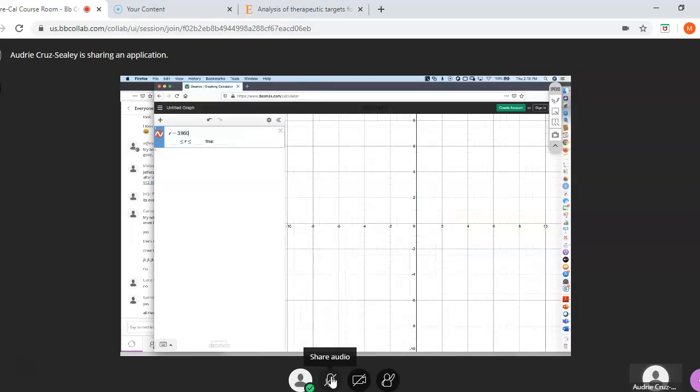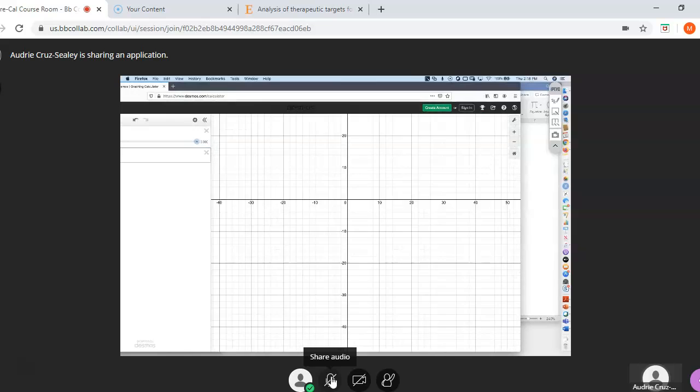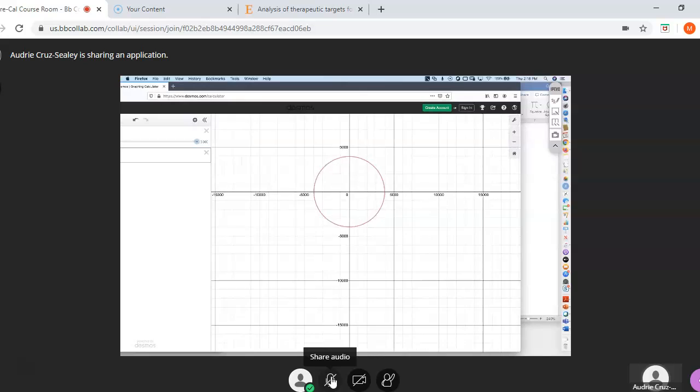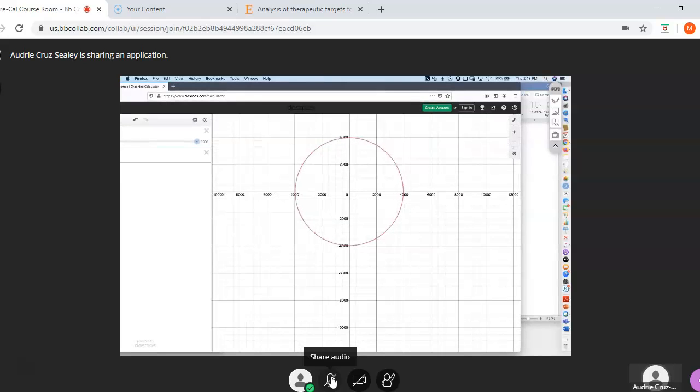Okay. If you notice, you can't see anything because it is definitely too small. So there it is. Now, if you are wondering the significance of 3,960, that's how many miles the radius of the Earth is. So this is a good representation of our Earth.